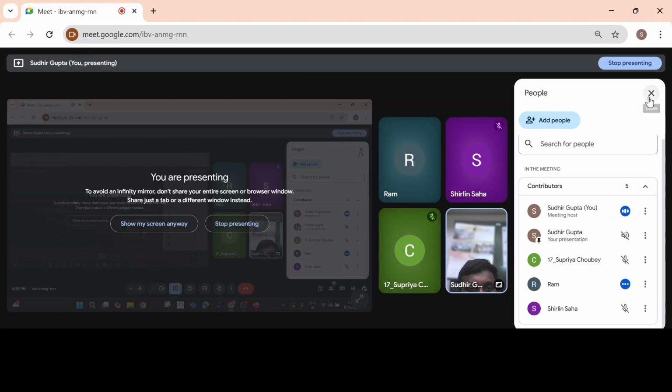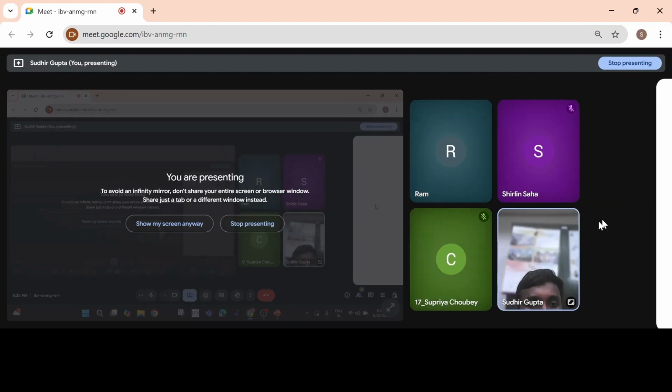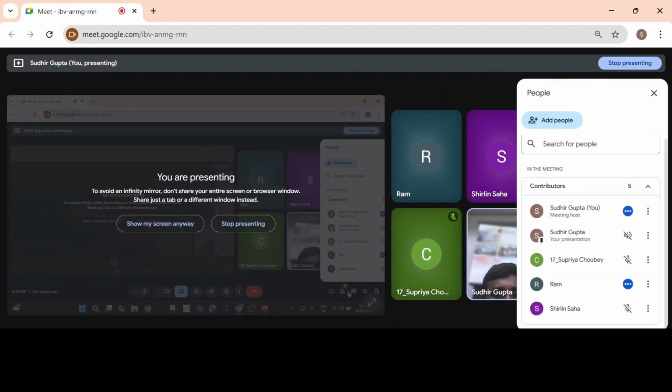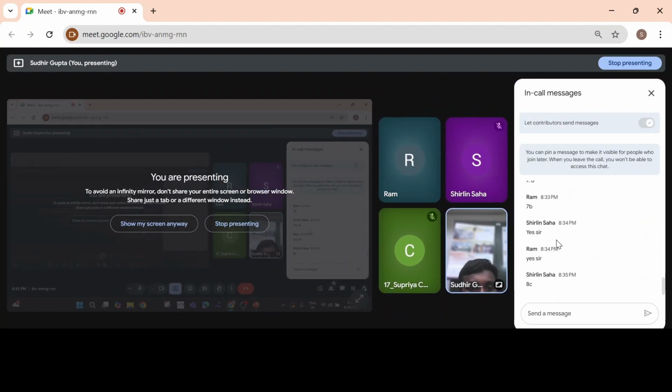Celine, Supriya, Abdullah has gone. One more guy was there. Five participants. So 8C has been marked, as I can see.